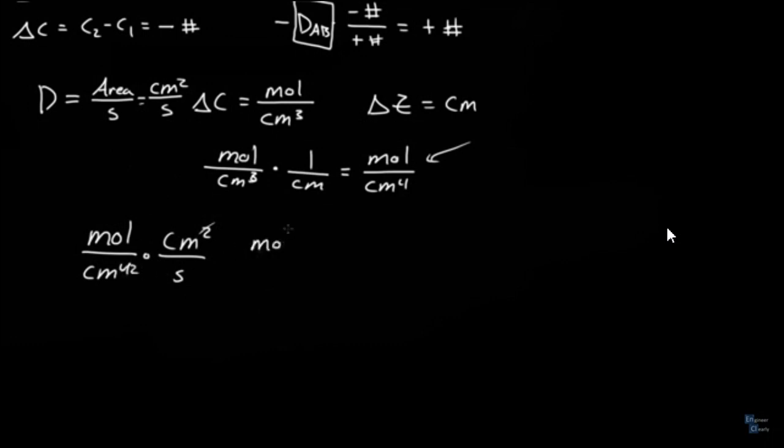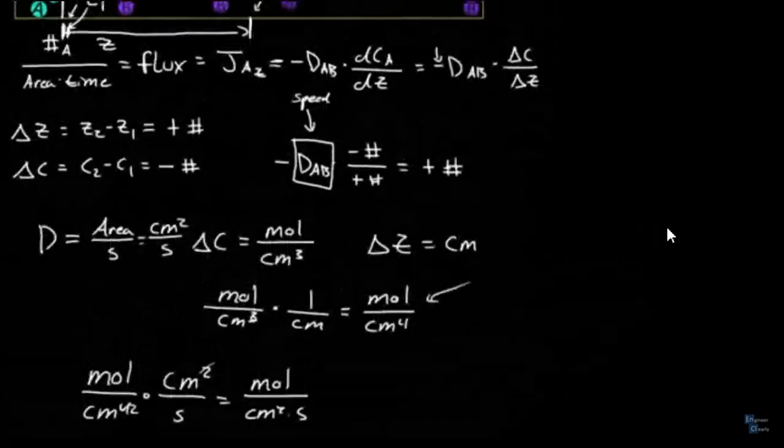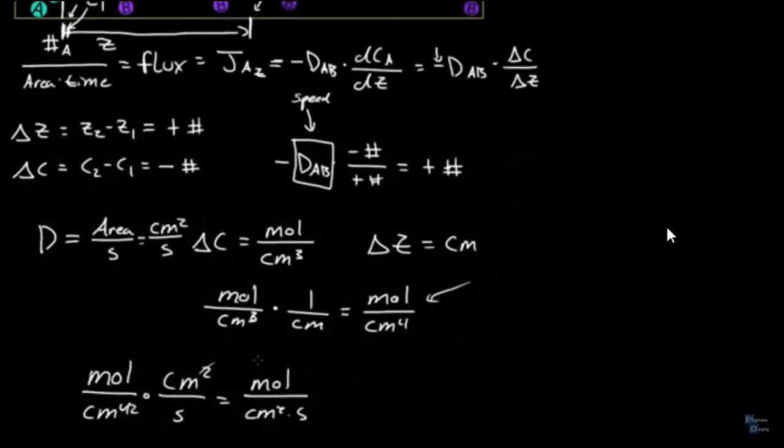So then we get moles per centimeter squared per second. And that is what we said flux was. Where, again, moles is just another way of calculating the number of something. So that's just the number of something per area per time. And again, that's flux.